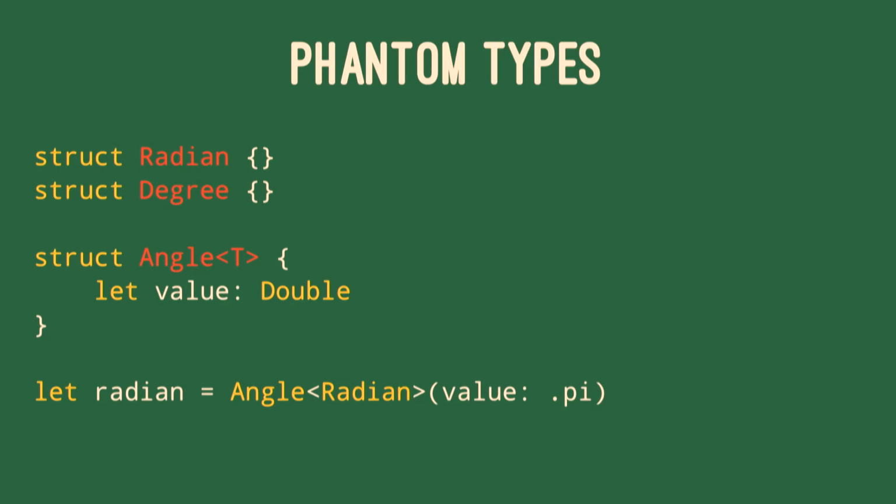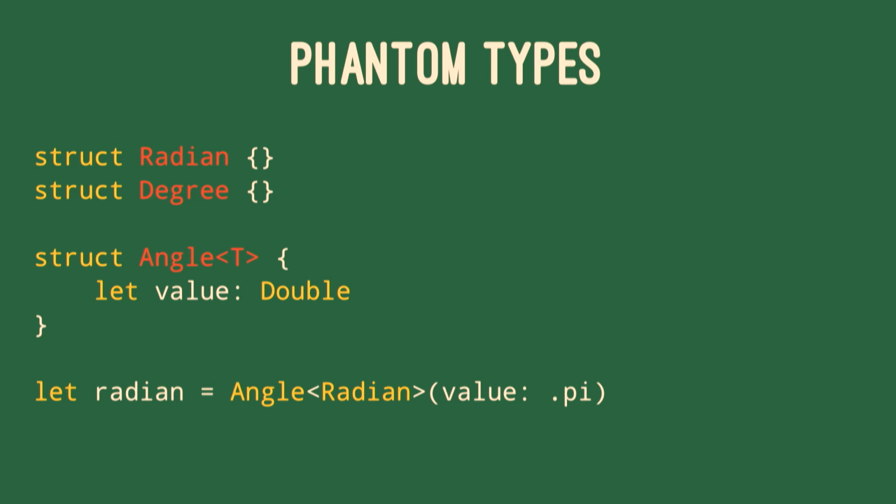There's another way to do it, which is sort of nice if you can squeeze it in. This creates two different types. You can do something called a phantom type, which is a really handy technique. So you create an empty struct of degree and radian, and then you create a generic struct called angle, which takes a parameter that it doesn't even use. It doesn't care what it is, it's just there. But that makes it a type of that generic type, even though you don't use a struct for radian. You create it the same way.